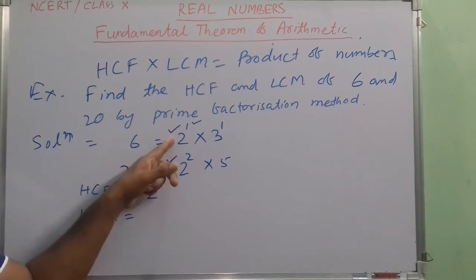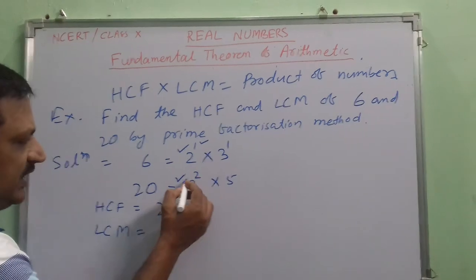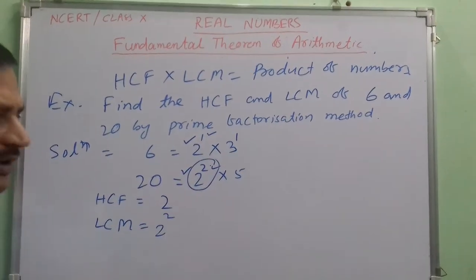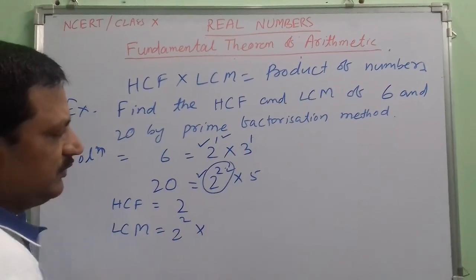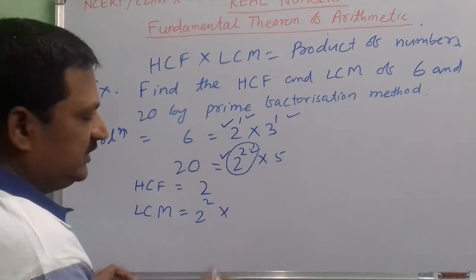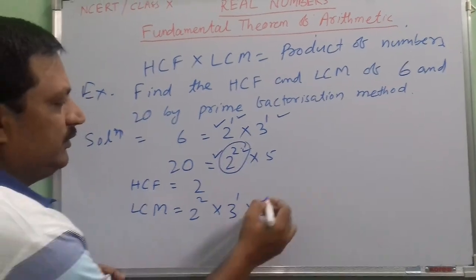Here 2 is in both 6 and 20, so we shall take the highest exponent, that is 2 square. And 3, here we have exponent 1 and here we don't have 3, so we take the highest one, that is 3. In the same way we take 5 to the power 1.